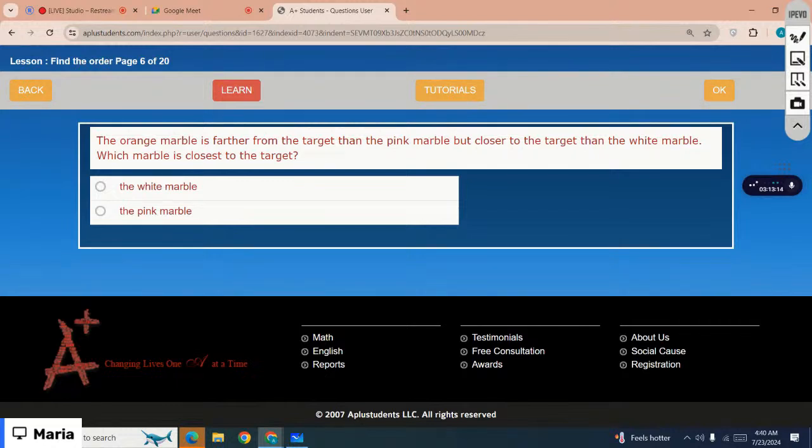The orange marble is farther from the target than the pink marble, but closer to the target than the white marble. Which marble is closest to the target? So, which is the correct option?